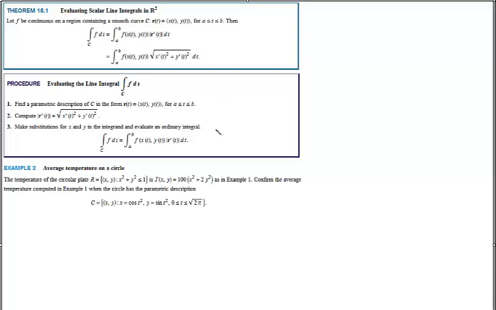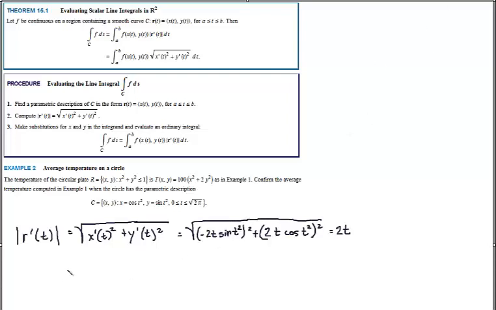Given this procedure along with our theorem, what I will need to do is find the magnitude of my r prime vector, and that is just going to be the square root of x prime of t squared plus y prime of t squared. Taking those derivatives and squaring them, I'll do this algebra. There's what we get for our magnitude.